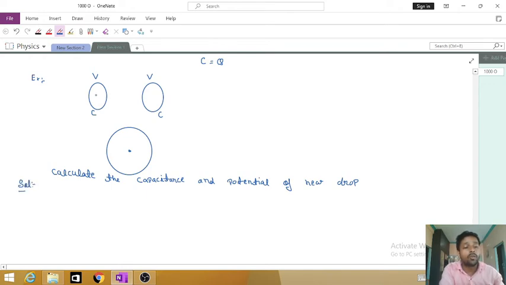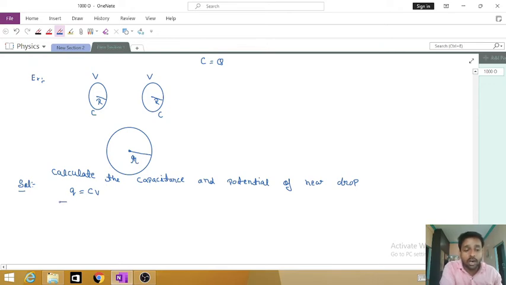Let the radius of each drop be capital R. The radius of the bigger drop, suppose it is small r or capital R, so you can say anything. The charge of drop number 1 is Q equal to C into V. Same charge in drop number 2 also.